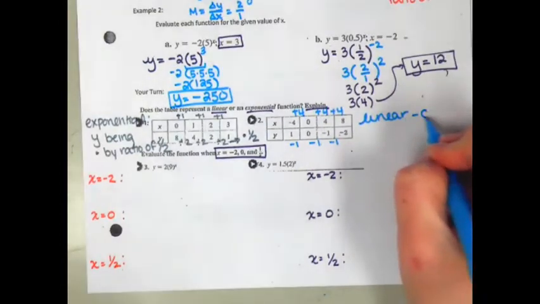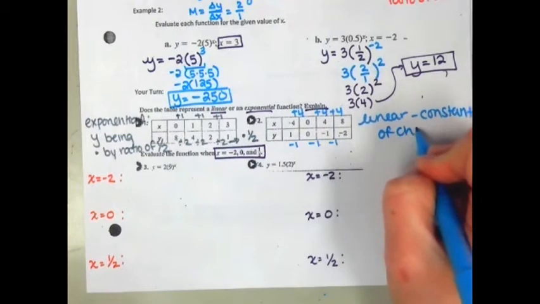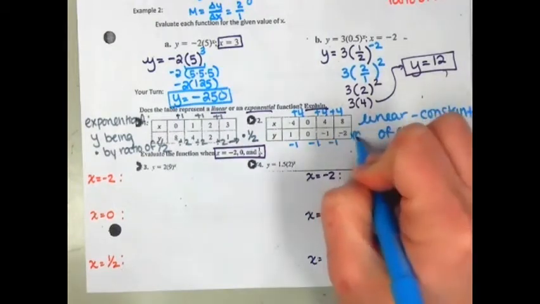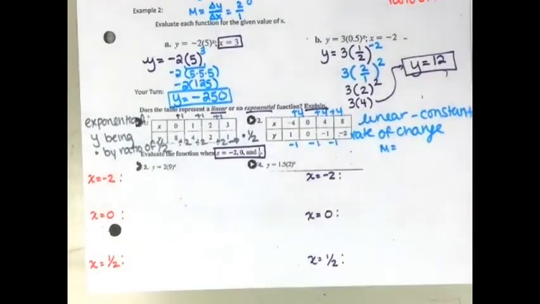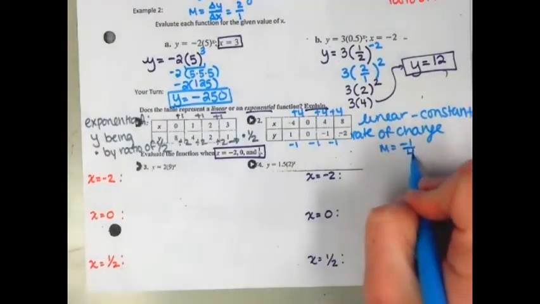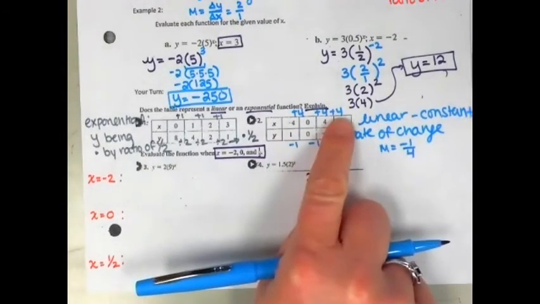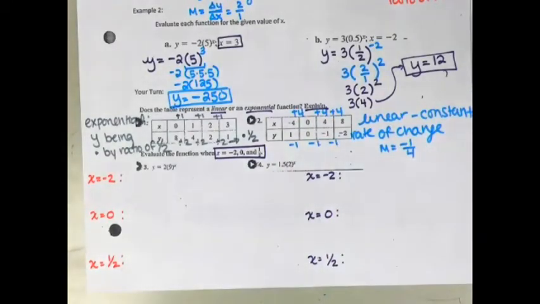It has a constant rate of change. Now, what's my slope, my constant rate of change? -1/4. Why? Because it's the change in y over the change in x. So -1/4. Good.